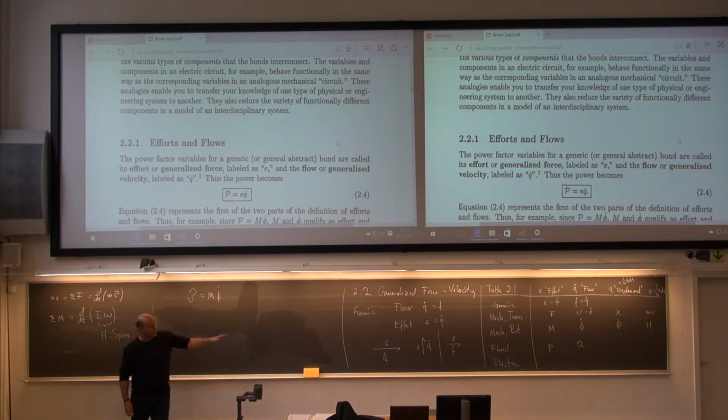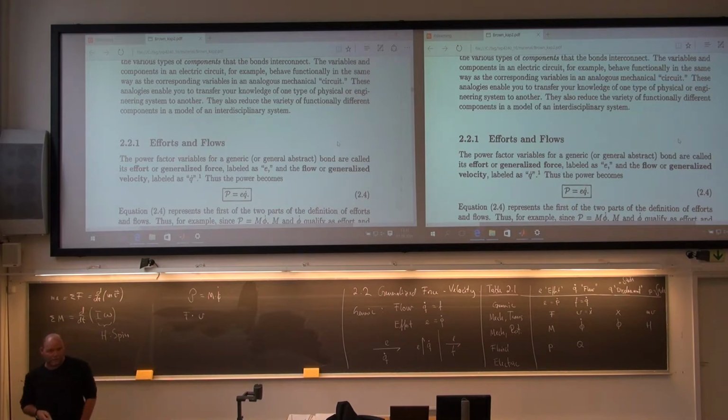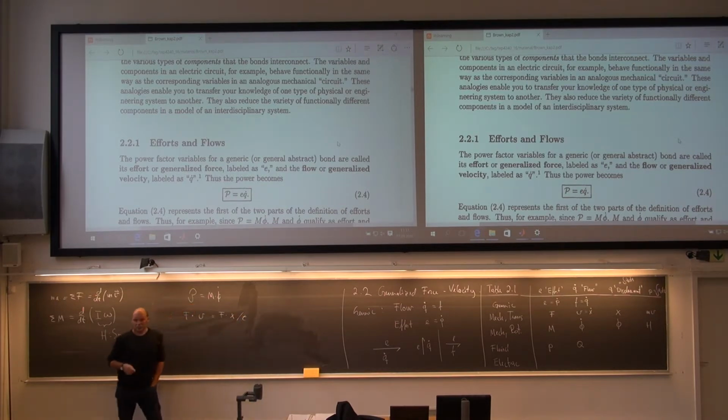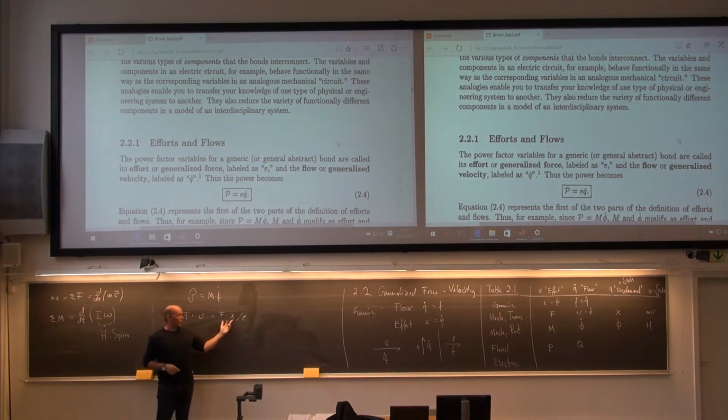Well, we can go to the mechanical translatoric. You have a force multiplied with a velocity. Okay. Is that energy per time, is it? Well, if you write it like this, you have force times a distance divided by time. Then you should see it more easy. Force times displacement, that is energy. That's joule for you. And then joule per second. Okay, now we are talking power, watt.